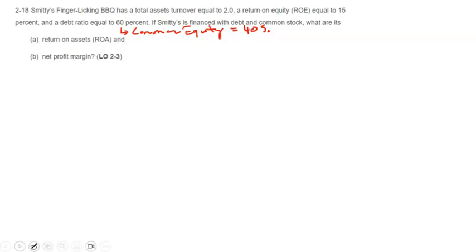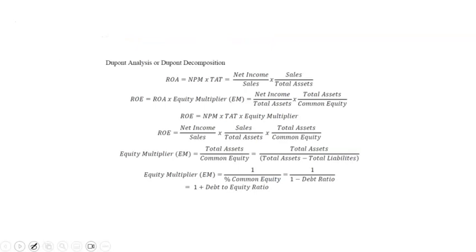They've got the formulas associated with the DuPont analysis on the next slide. So we need to calculate ROA, or return on assets. Well, if we look down here, we've got ROE is equal to ROA times equity multiplier.